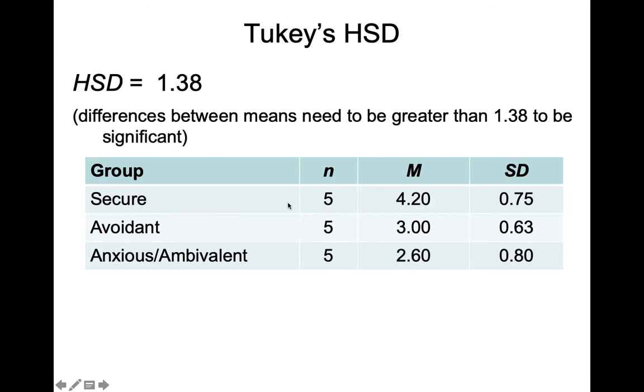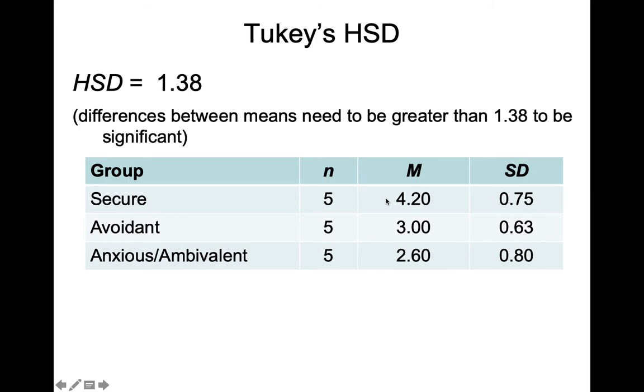Let's take a look at this first comparison, secure versus avoidant. 4.12 and 3. That's a difference of 1.2. That difference of 1.2 is not greater than 1.38. Therefore, using the Tukey's HSD procedure, we would not say that secure and avoidant are different from one another. This is not a statistically significant difference based on Tukey's HSD.